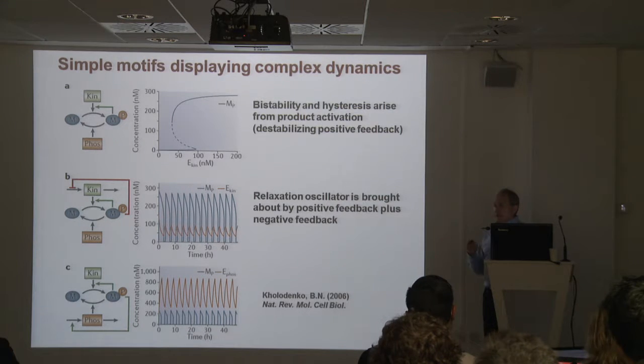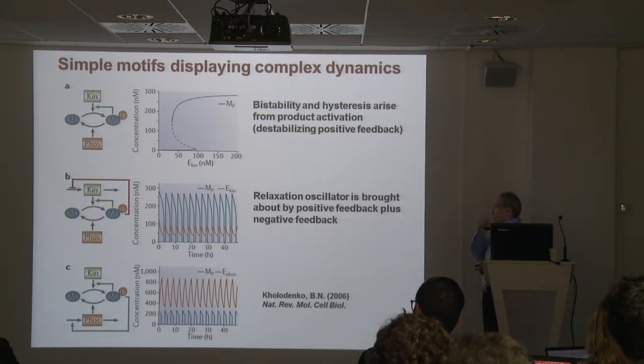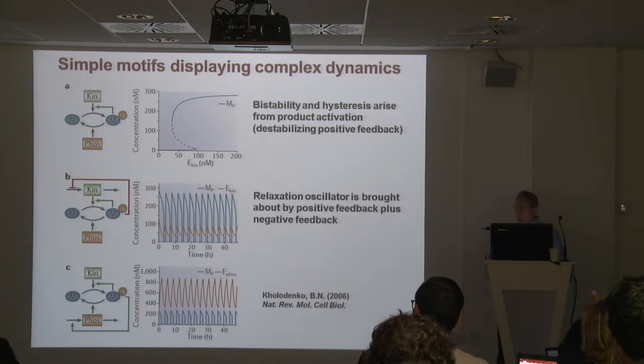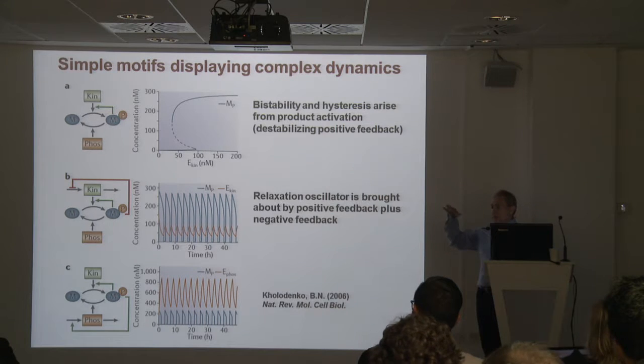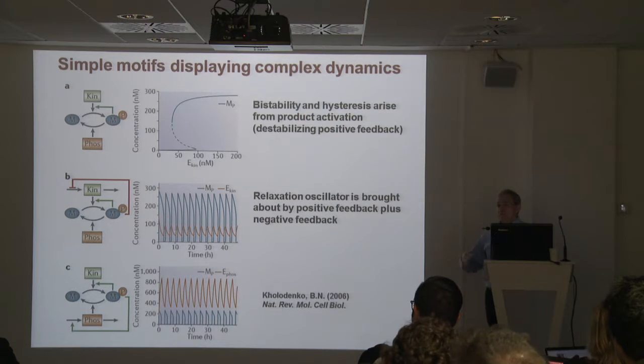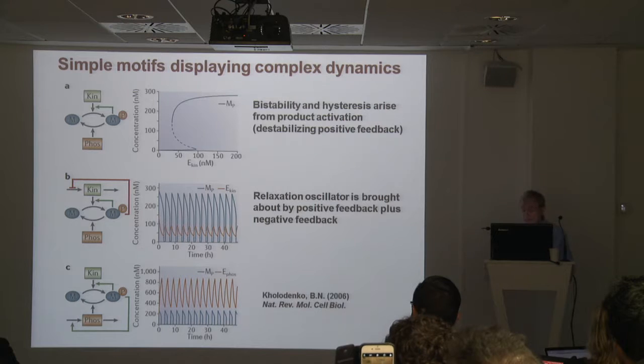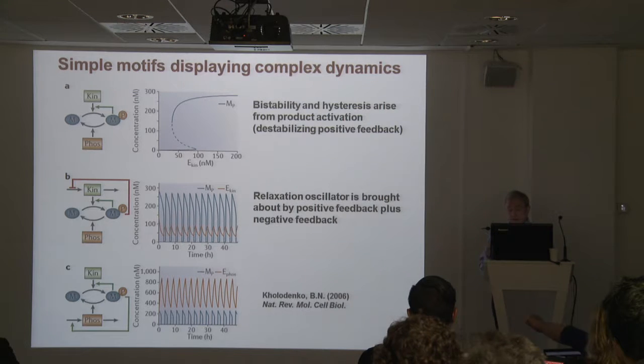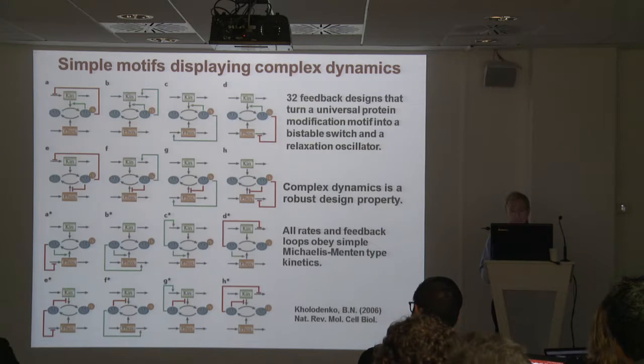Now, if you take another feedback here, which would be inhibition of the kinase by the product, then with two feedbacks, negative and positive, as you know from classic theory, there could be relaxation oscillations, also called frustrated bistability. So the system is bistable, and at some level it changes and flips to another steady state.